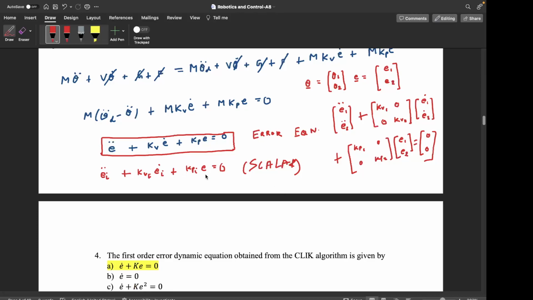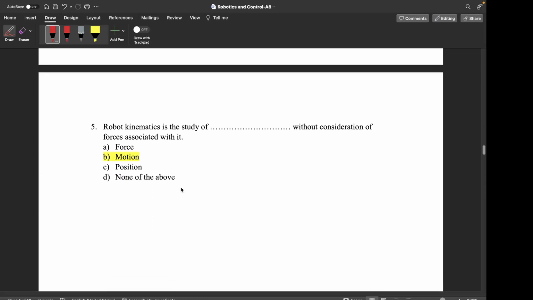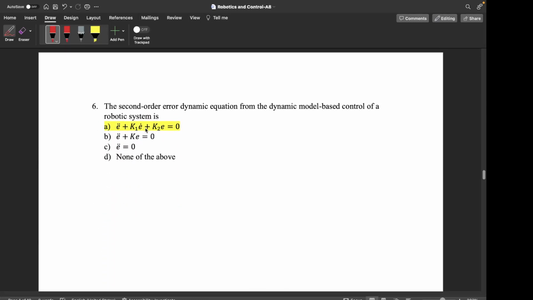And the result that we have derived here would give us the answer to one of the questions of the assignment, which is this, right? So the second order error dynamic equation for the dynamic model based control of a robotic system is this, which we have just derived.